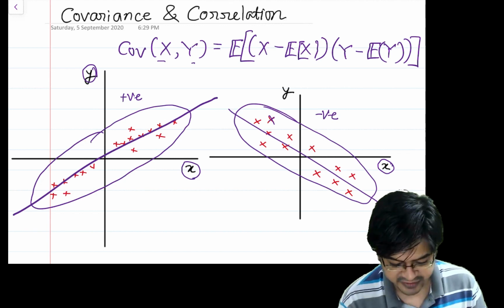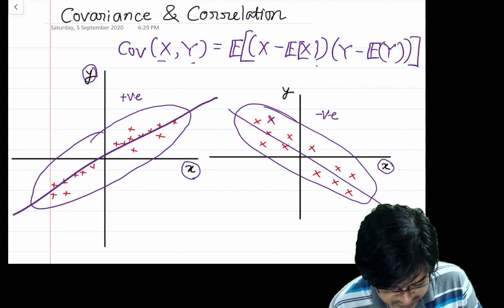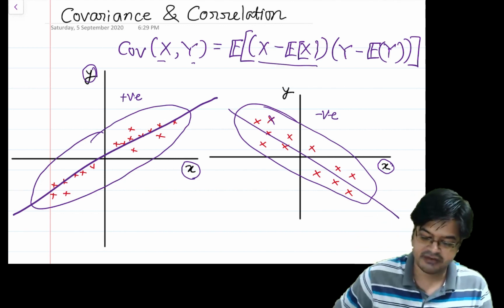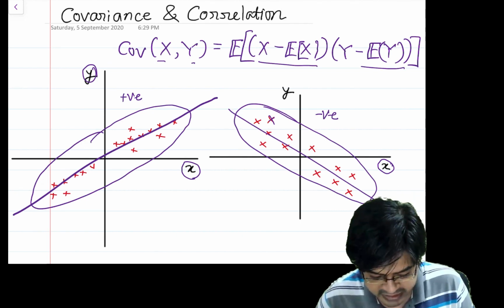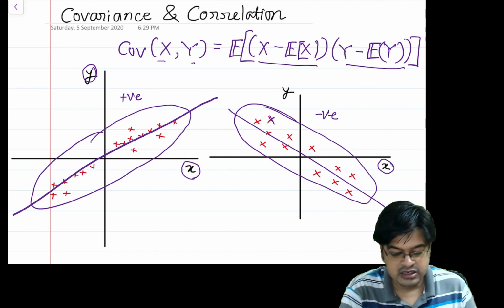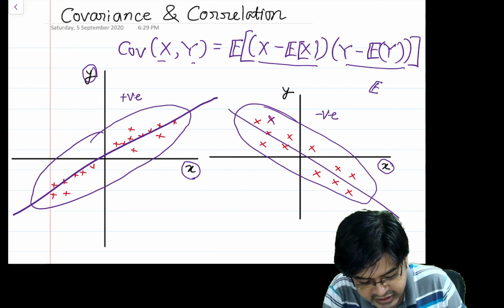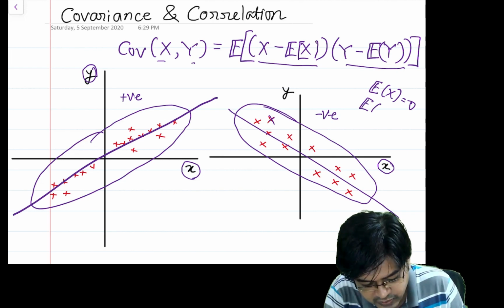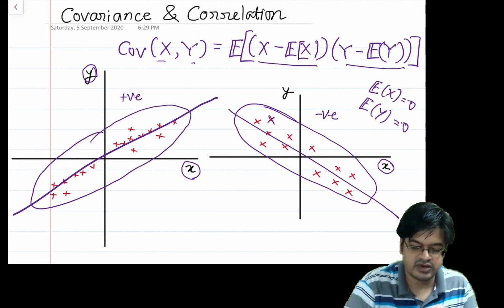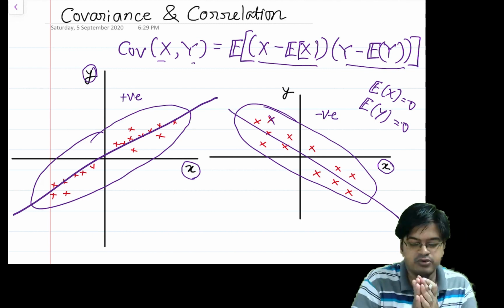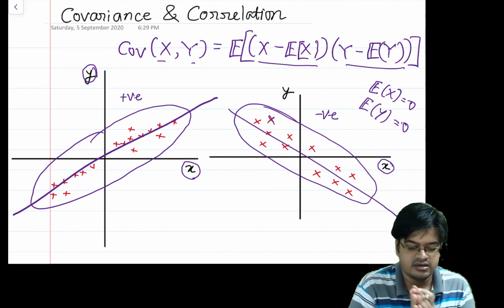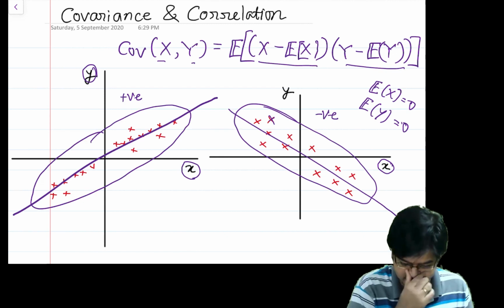Now let us look at the definition of the random variable, X minus expected value of X and Y minus expected value of Y. For simplicity, let us assume that the expected value of X is equal to 0 and the expected value of Y is equal to 0. If you assume this, then you are actually looking at the movement of X into Y, the movement of X and Y together.